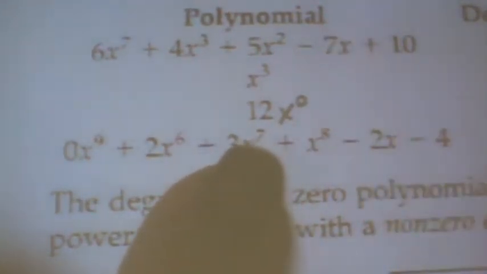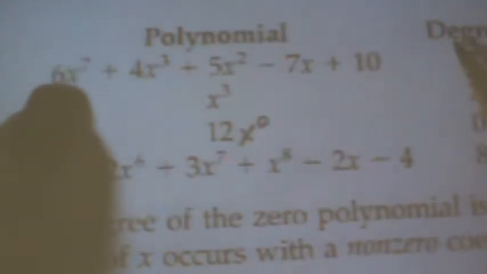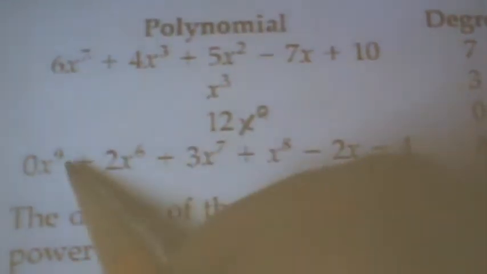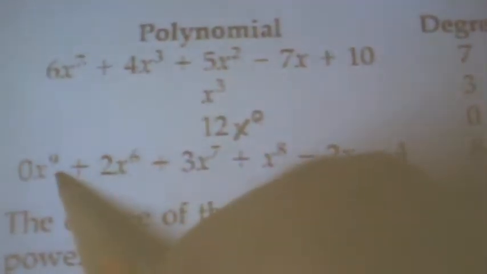You should all be familiar with the degree. The degree is the highest exponent. So this has a degree of 7, this has a degree of 3, this has a degree of 0, and this has a degree of 9. The leading coefficient, you're going to need to know that term in tomorrow's homework. We're going to talk more about the leading coefficient.